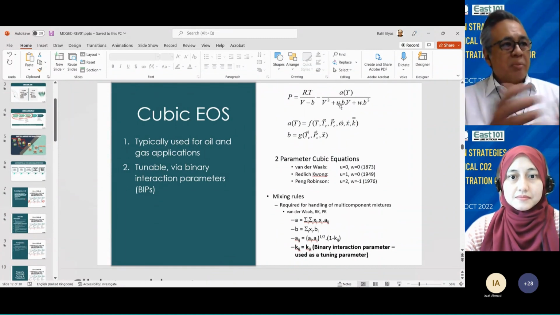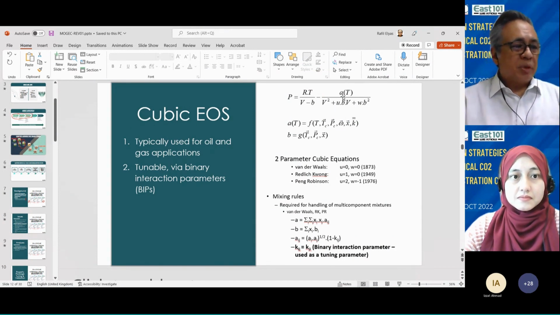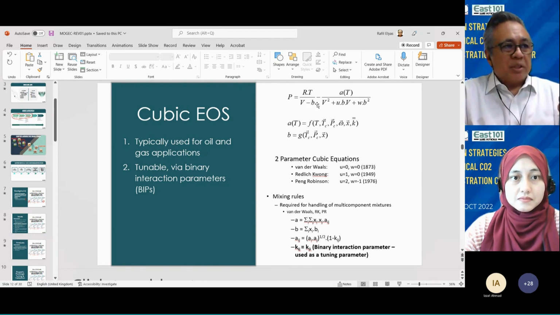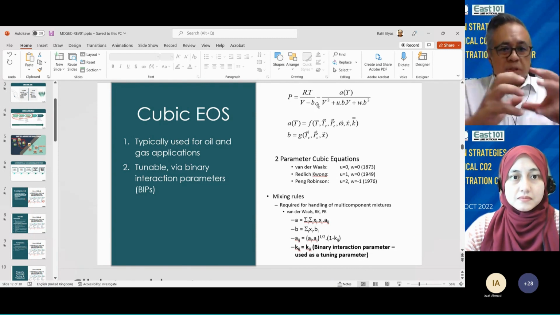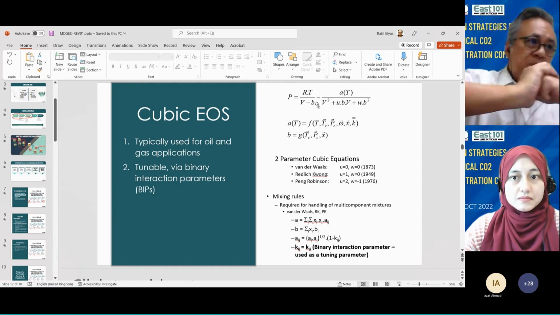So in this case, I've got a mechanistic representation of all the various properties over here. Even though these are empirical, there's still a bit of mechanistic information that I can have a physical feel for, like V minus B. That's the volume exclusion, because molecules have non-zero volume, so I can only squish a certain amount.